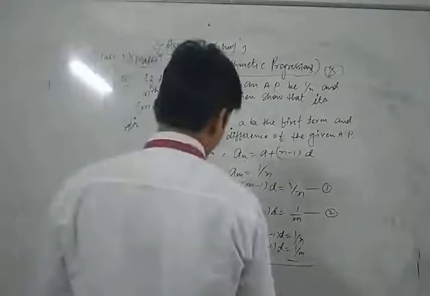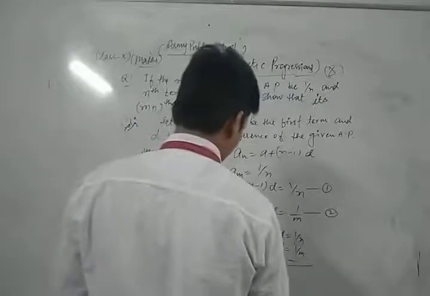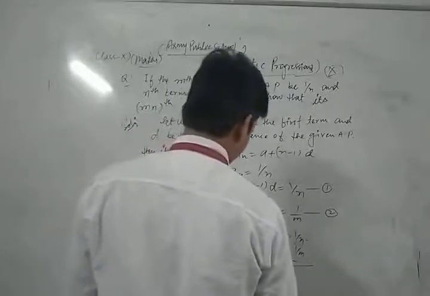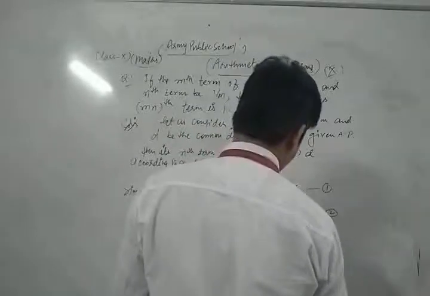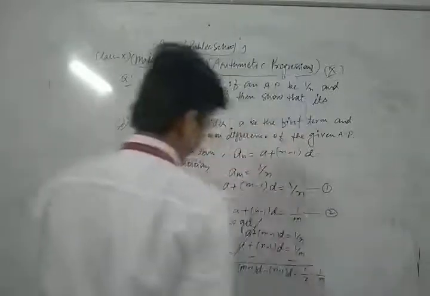Now we have m minus 1 into d minus n minus 1 into d is equal to 1 upon n minus 1 upon m.